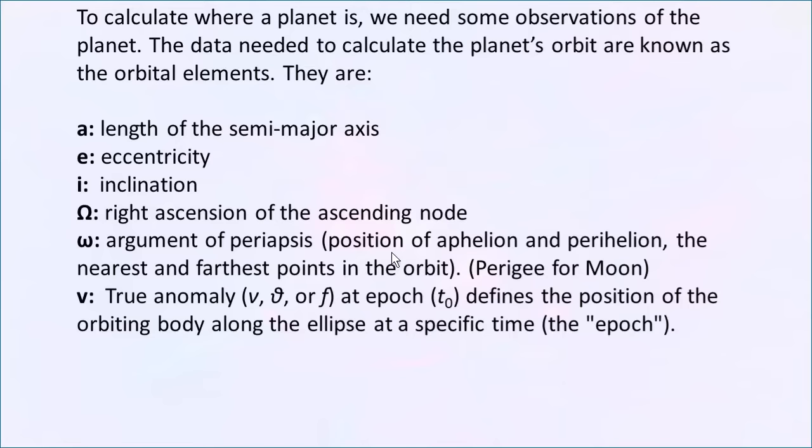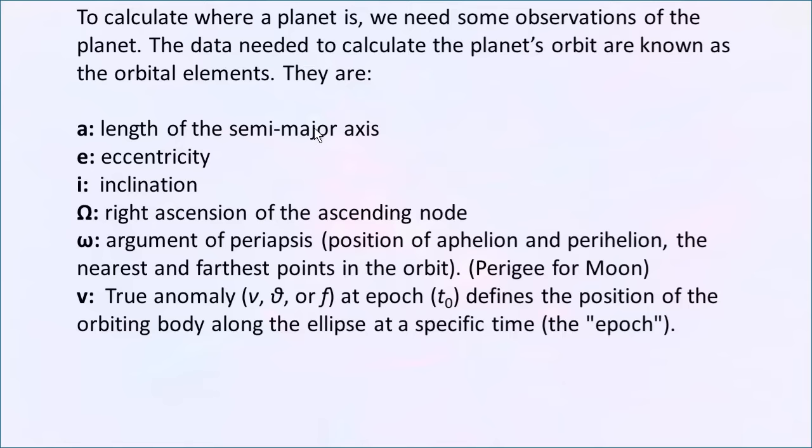What we need to know, number one, is the length of the semi-major axis. They often use a small letter a as a symbol, as an abbreviation, for it. This really just means how far away the planet is from the sun. I'm going to talk about this as our sun, but this is true for any star anywhere in the sky. It's true for any planet, and the moon going around.